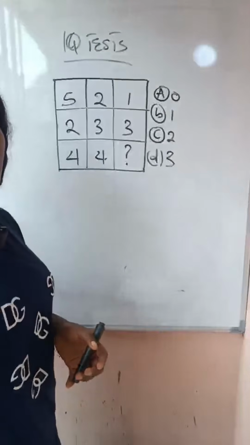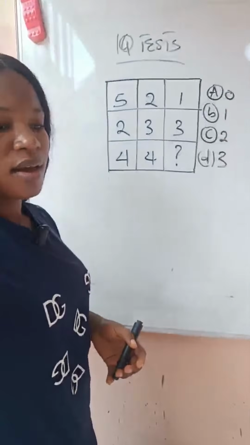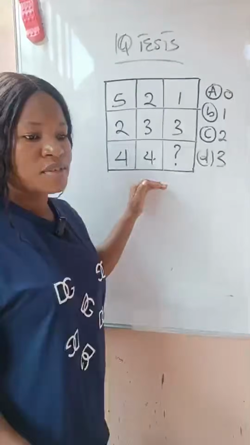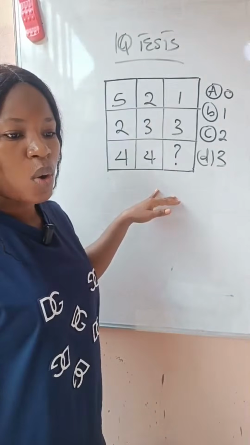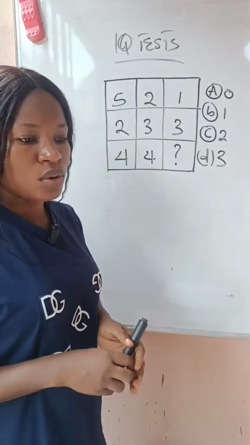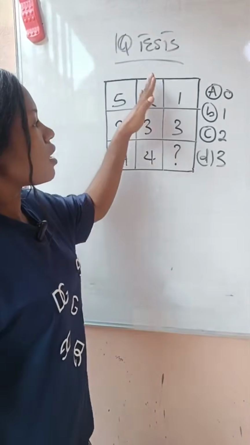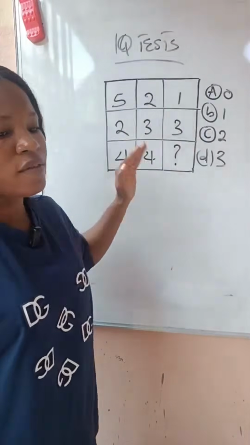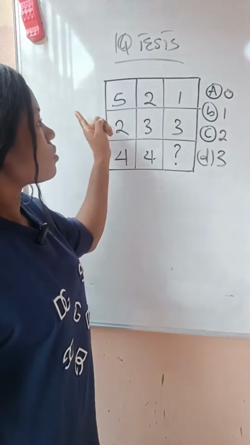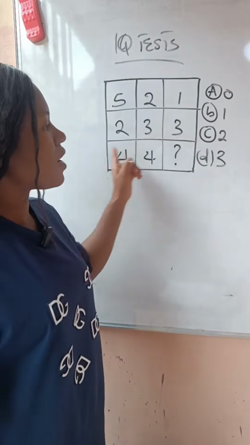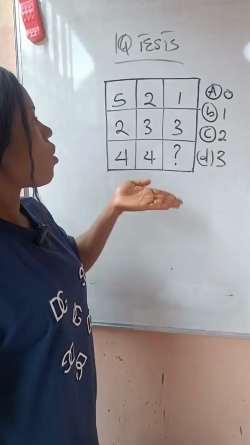Yes, I have a suggestion. Anytime you see questions in this form, in matrix form, the answer lies on the rows and the columns. So whenever you see this type of question, I advise that you try to find a pattern in the rows or in the columns.